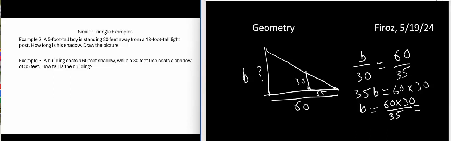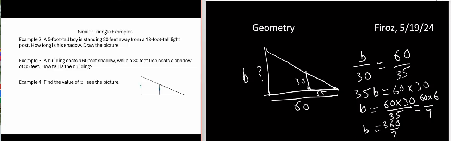Now you can divide by 5, so you get a 7 here, and you get 60 times 6 here, because you're dividing by 5. So that gives you 360 over 7. That's the height of the building. So we'll go to the next example.